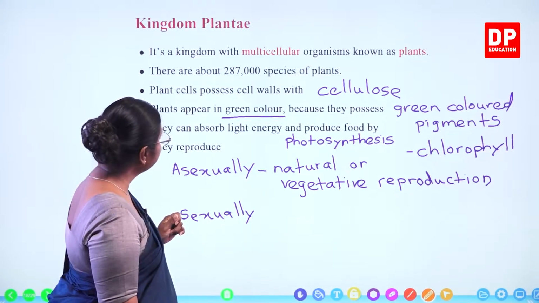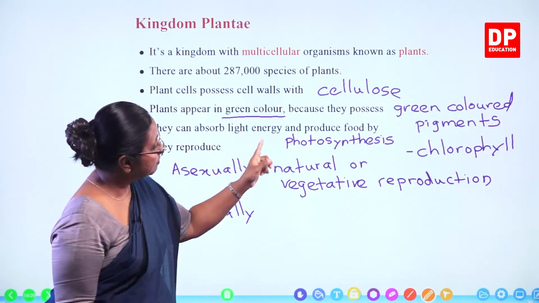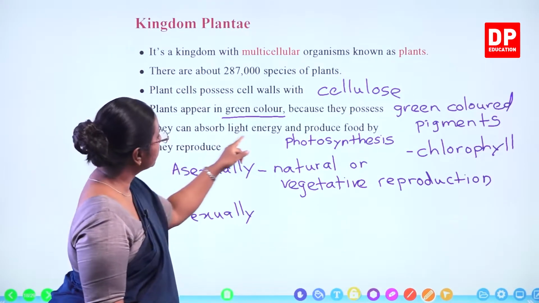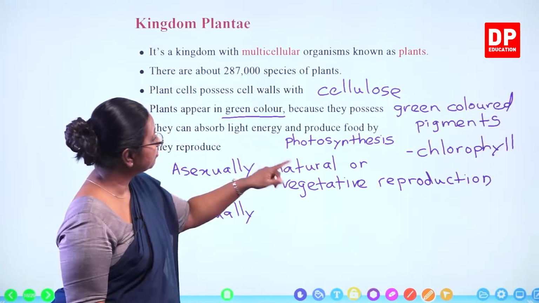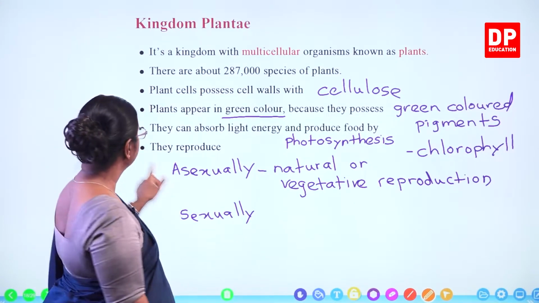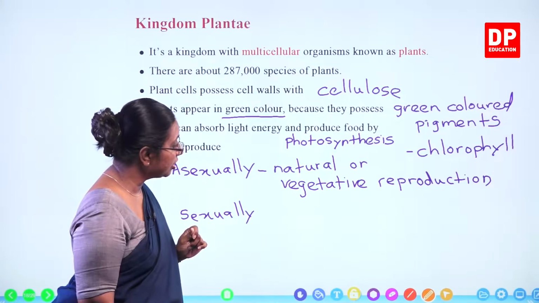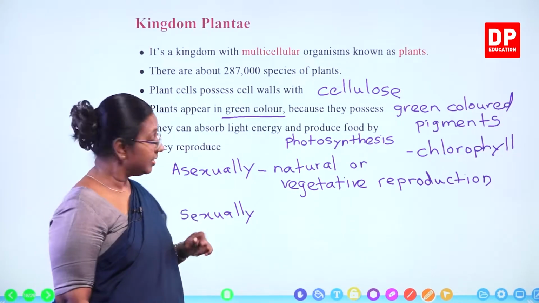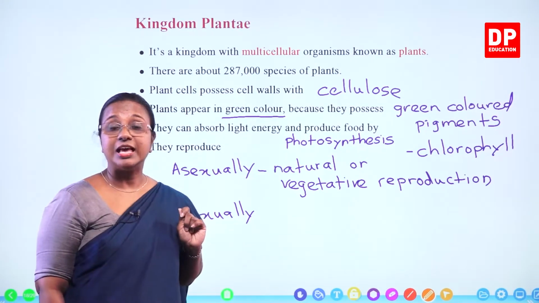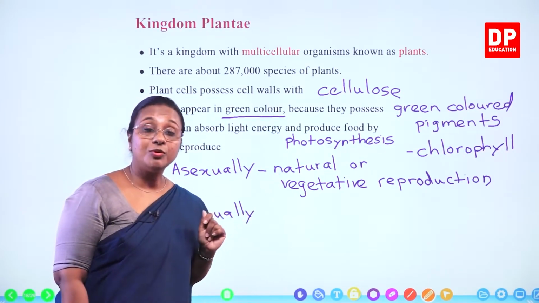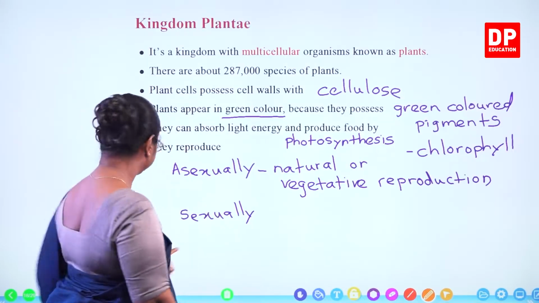The plants appear in green color because they possess green colored pigments called chlorophyll. They can absorb light energy and produce food by photosynthesis. Then they reproduce asexually, either natural or vegetative methods, and sexually also they can reproduce. So with this introduction, students, I will move on to the next slide.